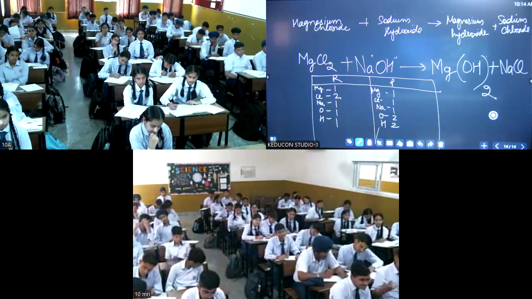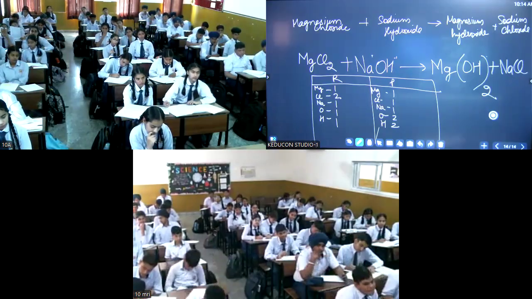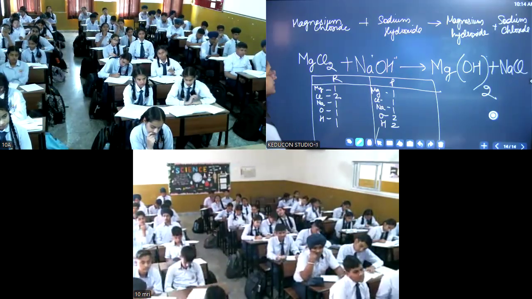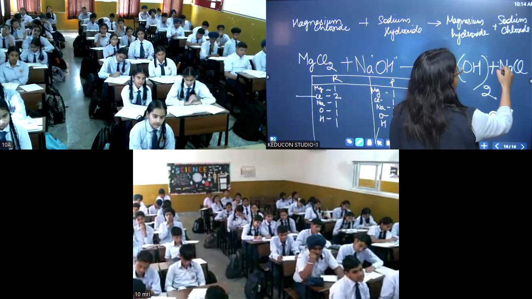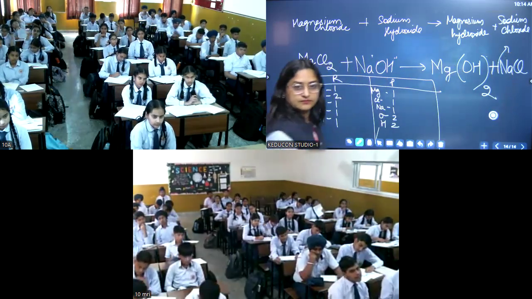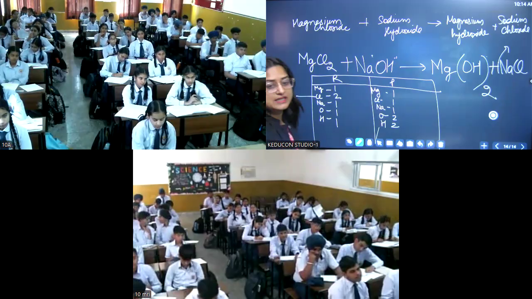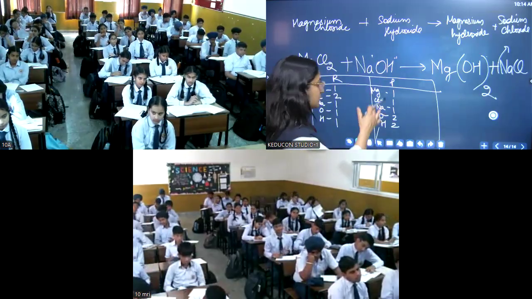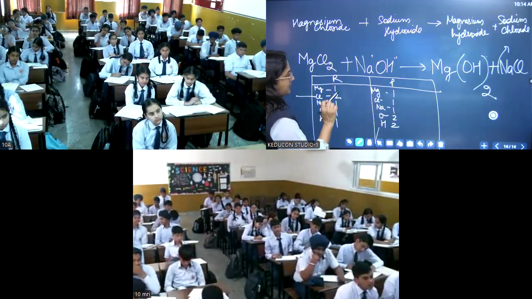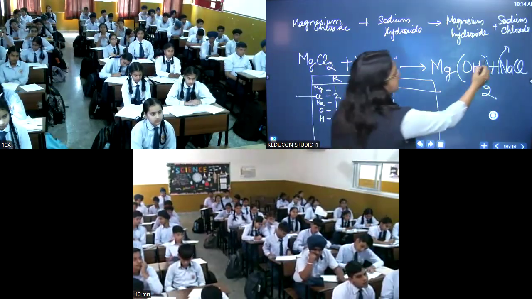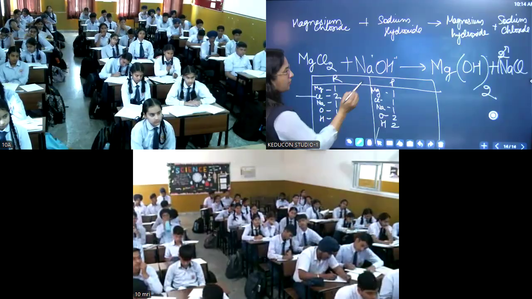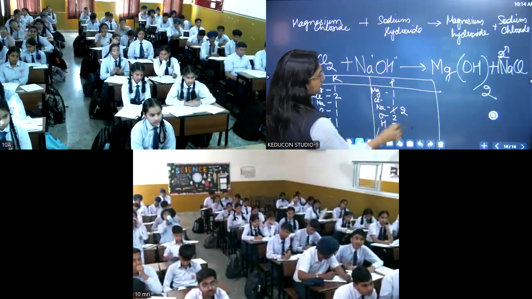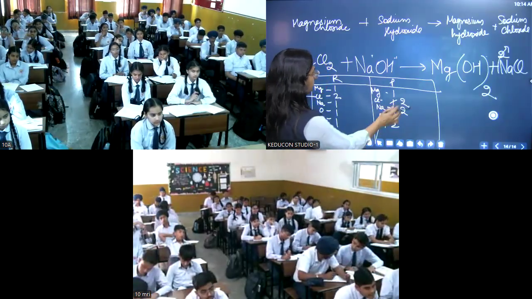What is easier to do? I think it's easier to balance chlorine because we need to put a coefficient here. You should start with the easier one, right? So, let us balance the chlorine. This makes it 2 NaCl, but this changes the number of sodium atoms here also. This makes it 2.